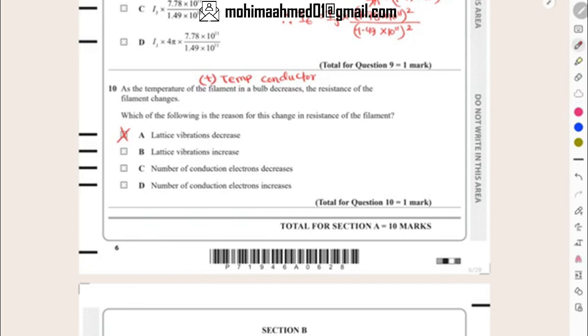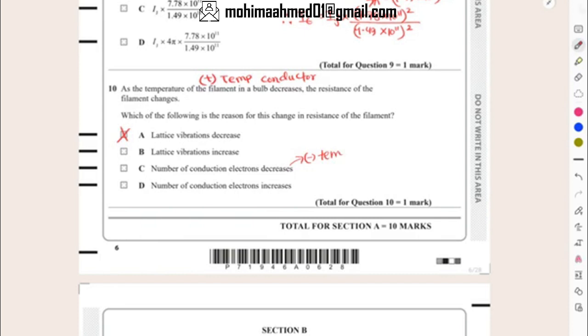If it was a negative temperature coefficient conductor, in that case it would be the decrease in the number of electron conductors. This is actually for the negative temperature coefficient conductors, which are like thermistors, right? Whenever the temperature of a thermistor increases, the resistance drops down.